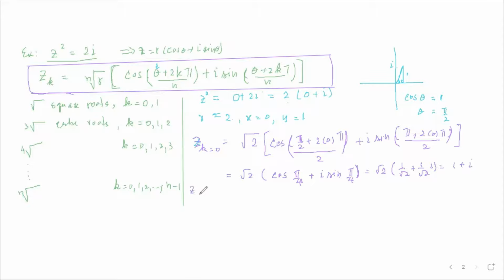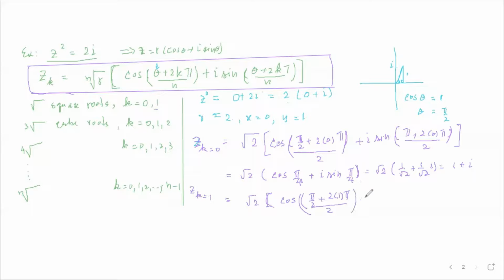Okay, next you get when k equal to 1. Because it's square root, right? So you get k equal to 0 here and k equal to 1, the next one here. So from this one, do the same way. So you're going to have square root 2, and cosine and the big bracket here. So theta of pi over 2, then plus 2 times k, which is 1 here, and then pi, and the whole thing over 2.